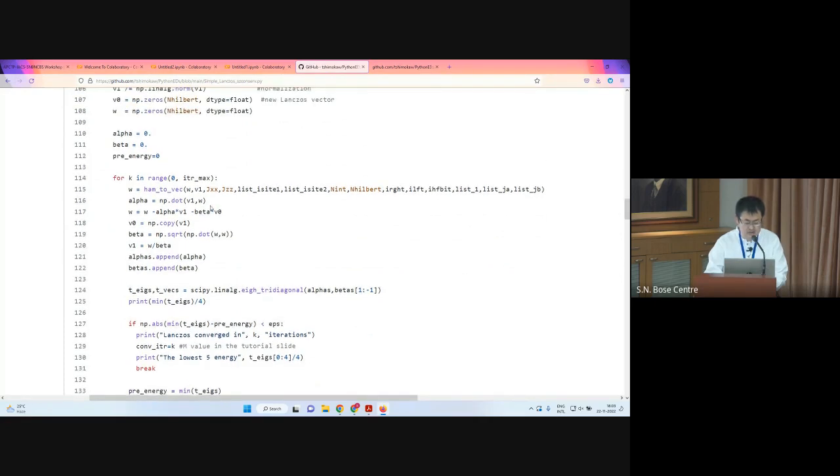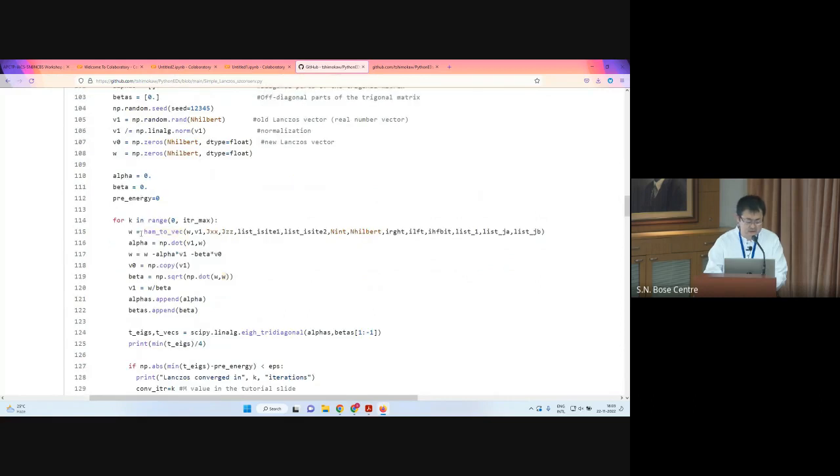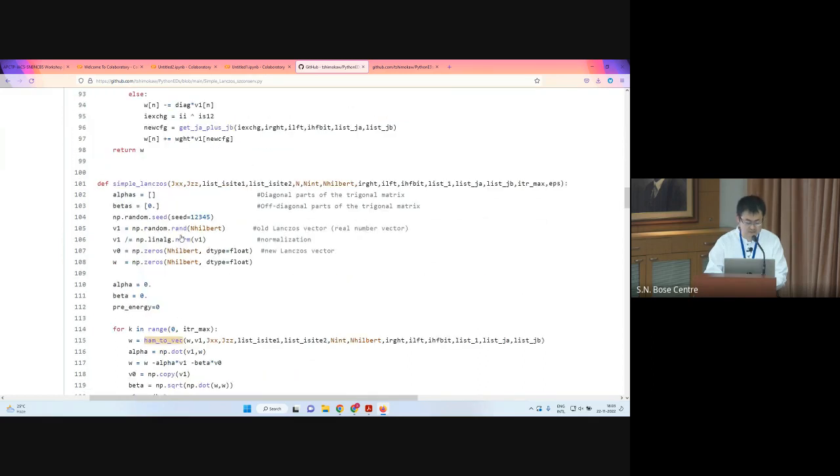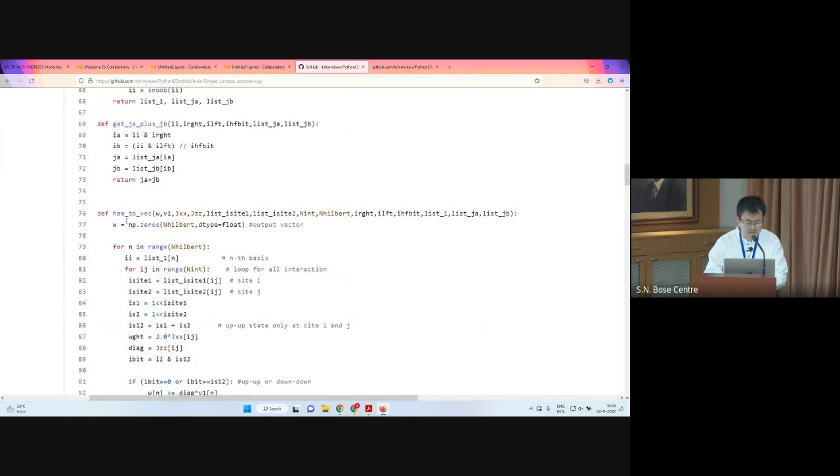And this is the iteration part of the Lanczos procedure. First, we should multiply the matrix Hamiltonian to the initial spin vector V1. That will be done by calling the Ham-to-Beg subroutine. By using this Ham-to-Beg subroutine, you can multiply the matrix Hamiltonian, and you can also make the Hamiltonian elements on the fly.